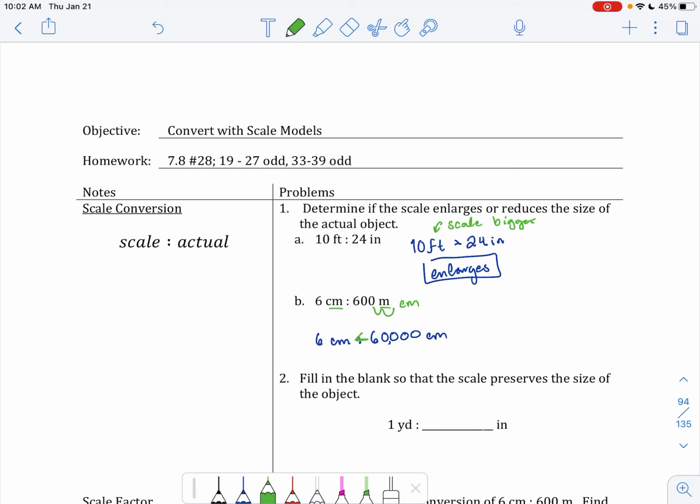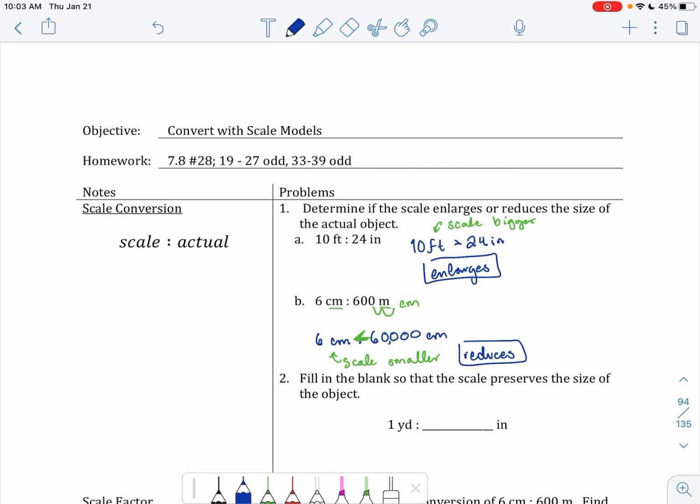And then you don't have to guess. You can say, oh, 60,000 of something is much bigger than 6 of the same thing. So then the scale is smaller, and therefore the scale reduces the size of the actual object.